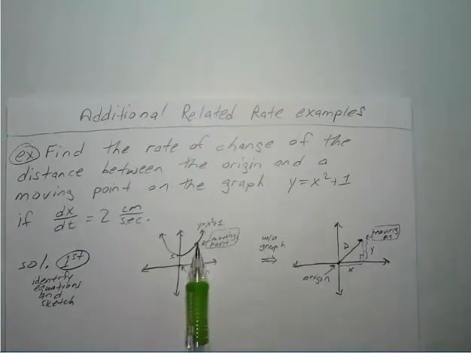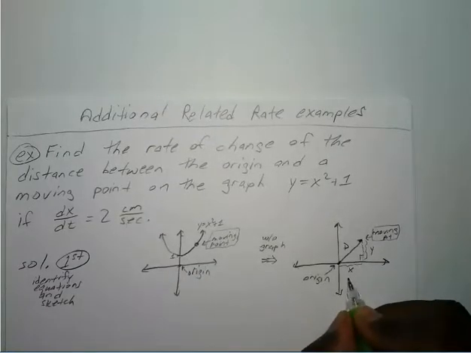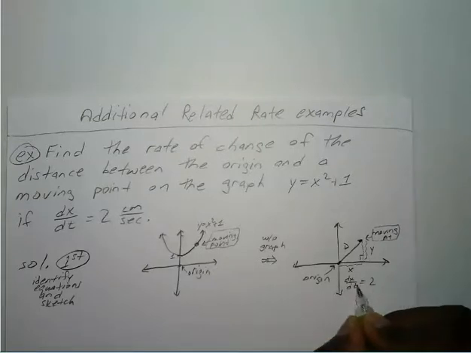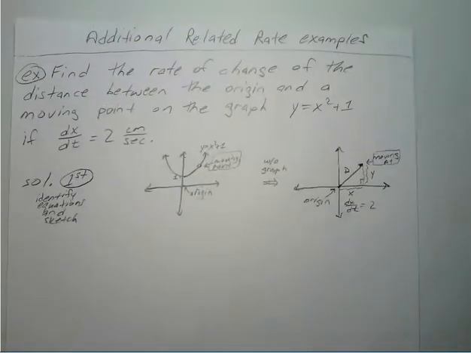As this moves, we know that this x value is changing at 2 centimeters per second. So we have our sketch and a general idea of where we're starting. Now we move on to our second step.